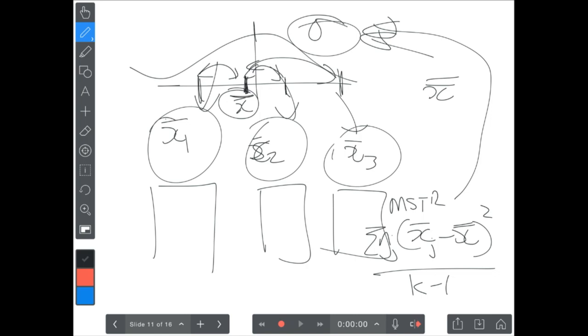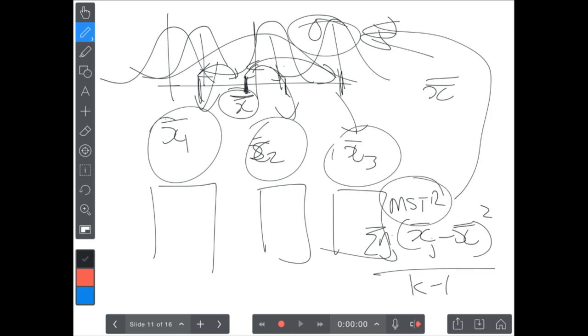But if it so happens that those means came from different populations, if they came from here, here's the other one right here, and this other one right here, then the estimate MSTR of sigma is a very bad estimate. It tends to overestimate the value. Okay.